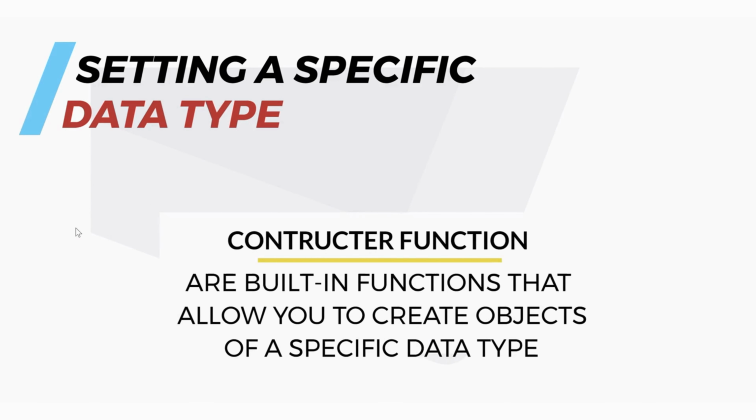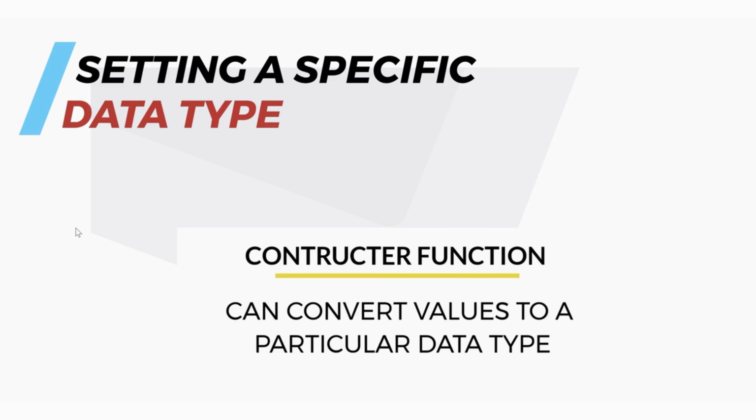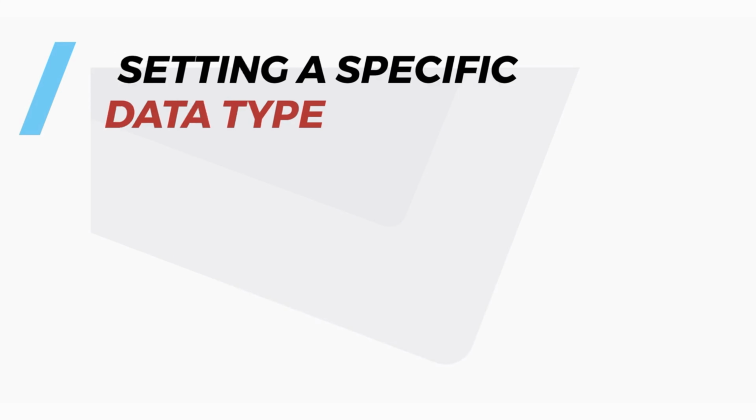They are built-in functions that allow you to create objects of a specific data type. By using these constructor functions, you can convert values to a particular data type. So let's explore how this works through some examples.